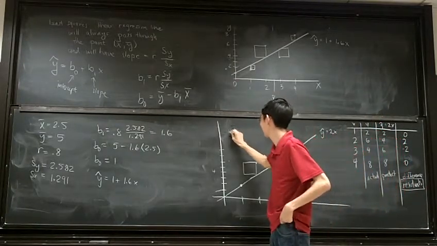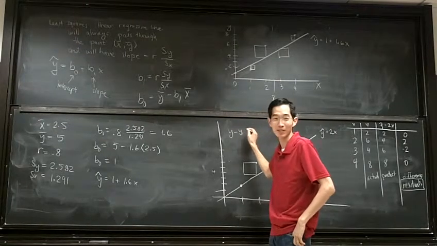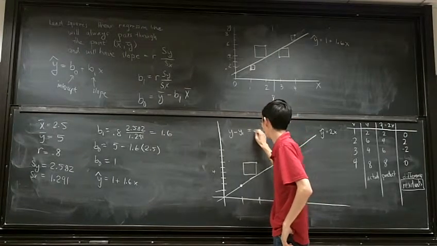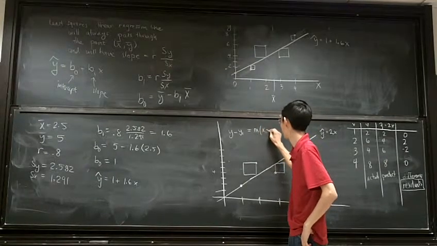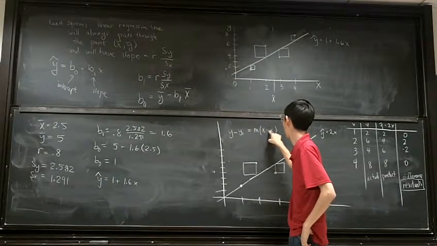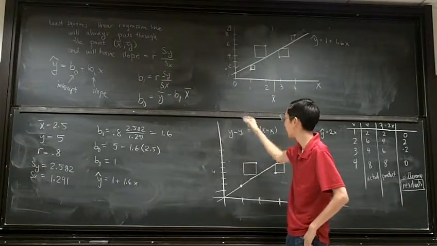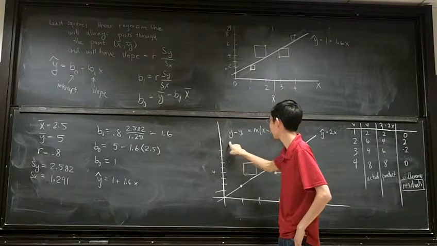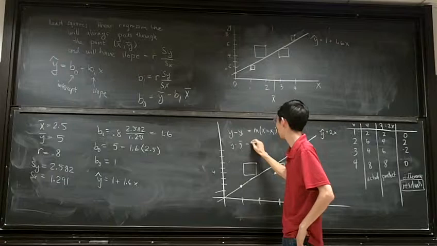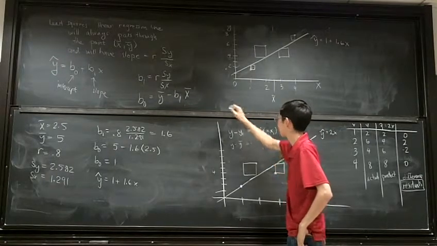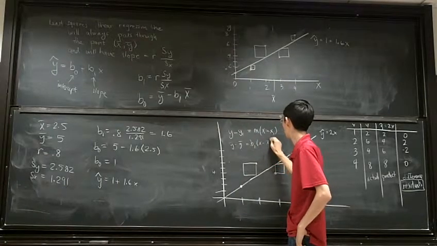That was that you would say y minus y1 is equal to the slope m times x minus x1, right? Does that sound familiar? Okay, so if you plug this in there, it's going to pass through y bar, so y minus y bar is going to be equal to m, and I'm just going to plug in b1 times x minus x bar, okay?